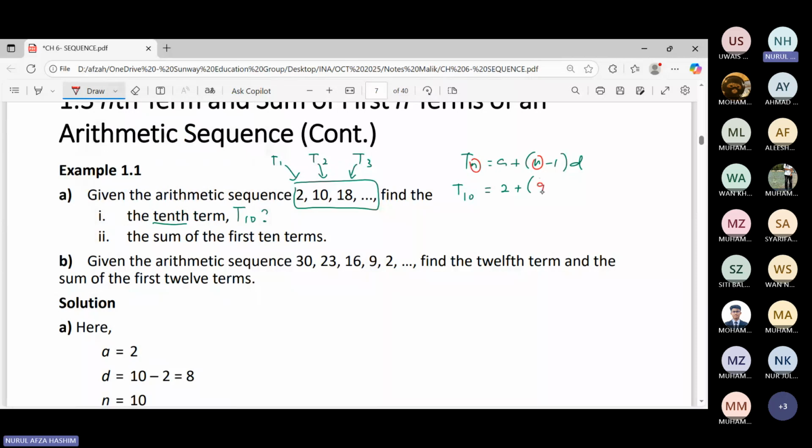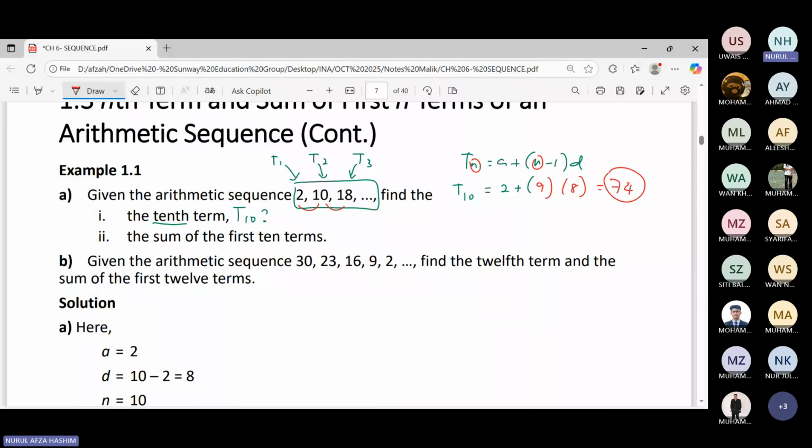9. Now the difference between the numbers here is 8. Then when you press your calculator, how much can you get? So the value at the 10th place will be 74.